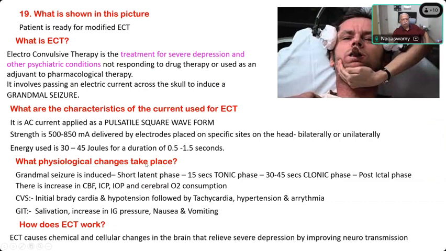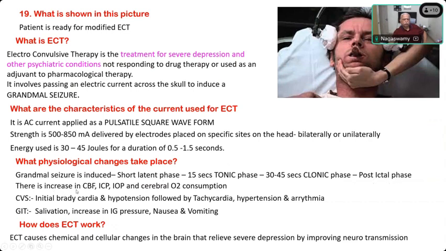The physiological changes that take place are: a grand mal seizure is induced, which has a short latent phase, followed by 15 seconds of tonic phase, followed by 30 to 45 seconds of clonic phase of seizure. There is a post-ictal phase.